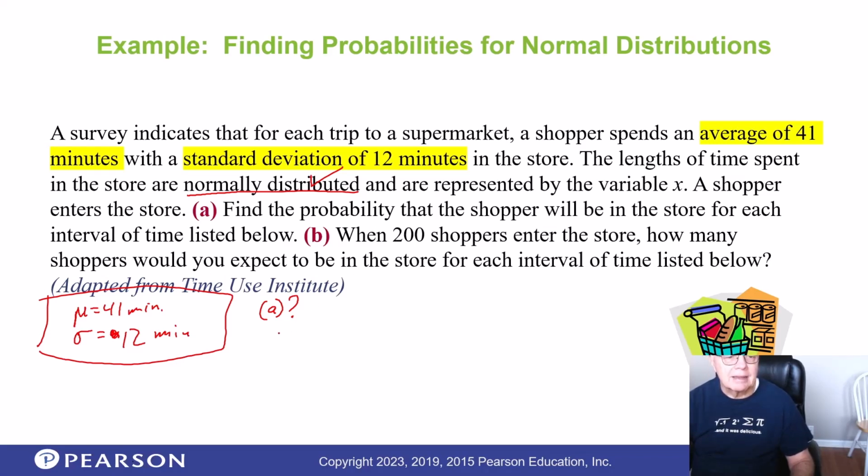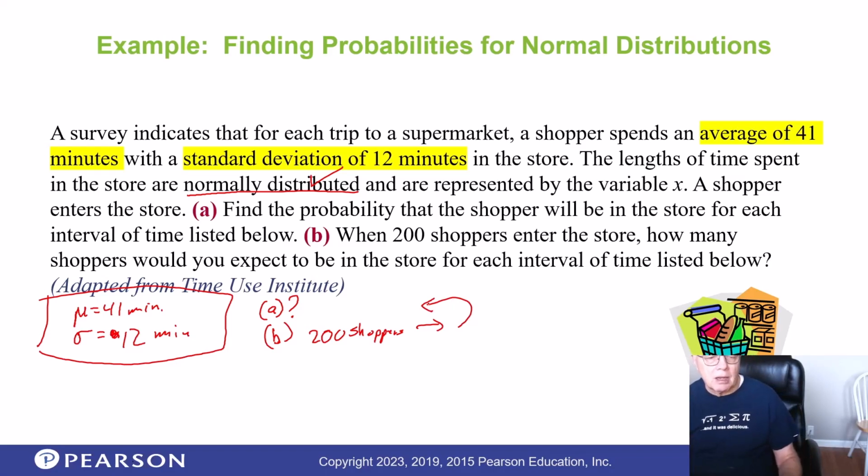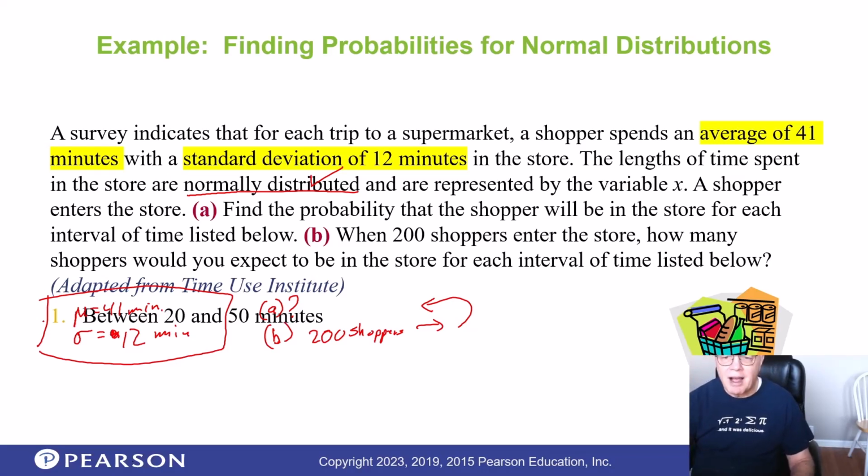And second, we're going to find when 200 shoppers enter the store, how many do you think will be in the store for that interval of time? So, let's see. Okay, I sort of messed this up. I didn't have my ESP working.